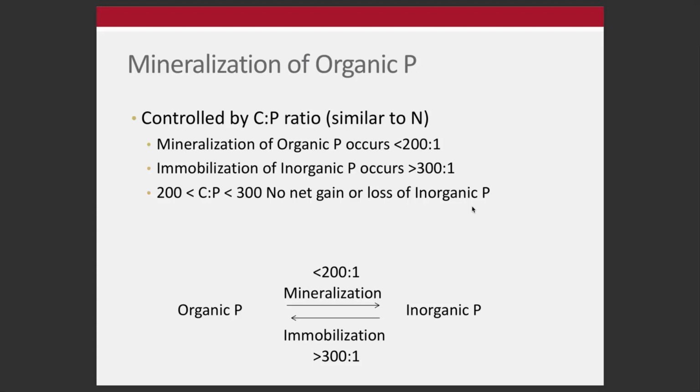So this 200-to-1 and 300-to-1 is really kind of a rule of thumb. Of course, not always the case. It depends on the soil and the material. And somewhere between 200 to 300, there might not be any net gain or loss. It might just be some kind of zero-sum game in terms of mineralization versus immobilization.